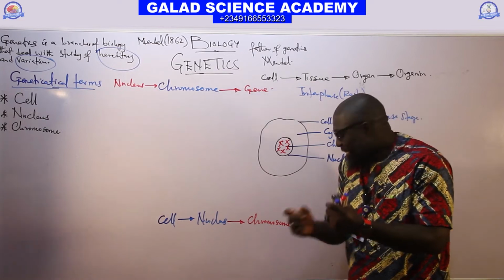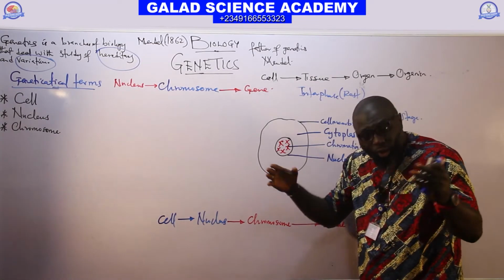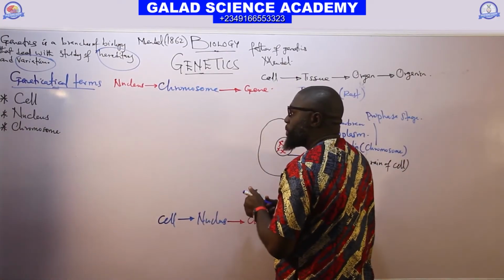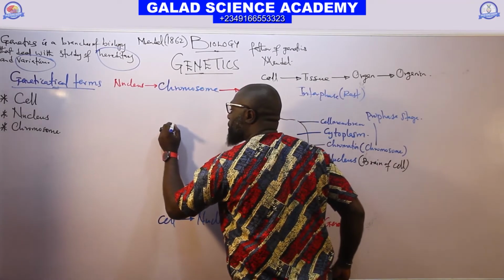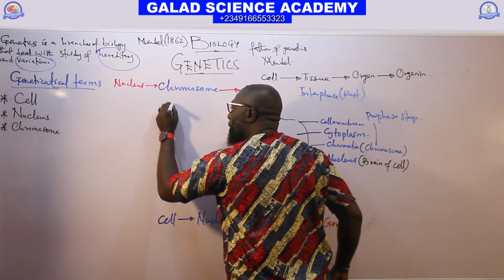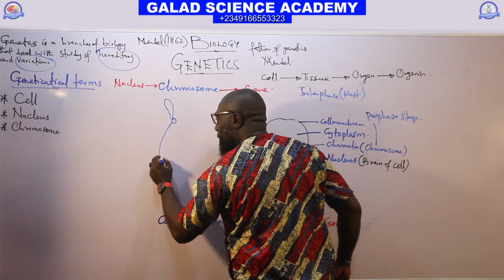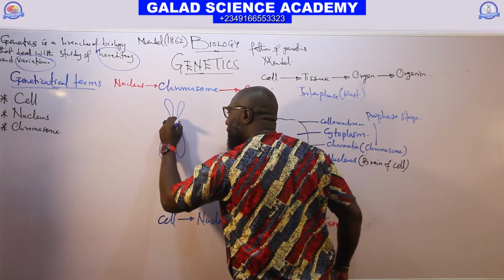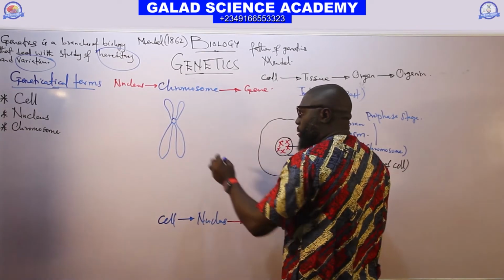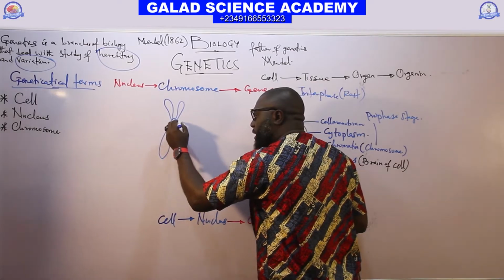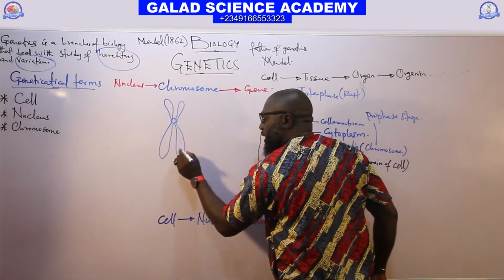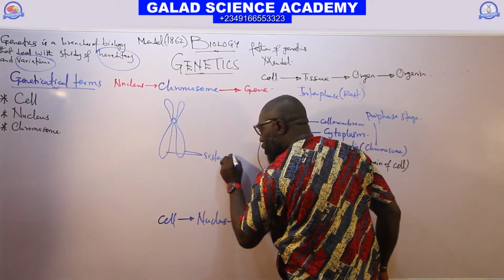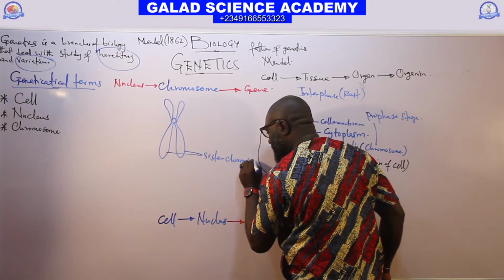The centromere at the center of the chromosome joins two sister chromatids together. Let me draw the structure of chromosome. This is the structure of chromosome. These two arms, we call them sister chromatids.